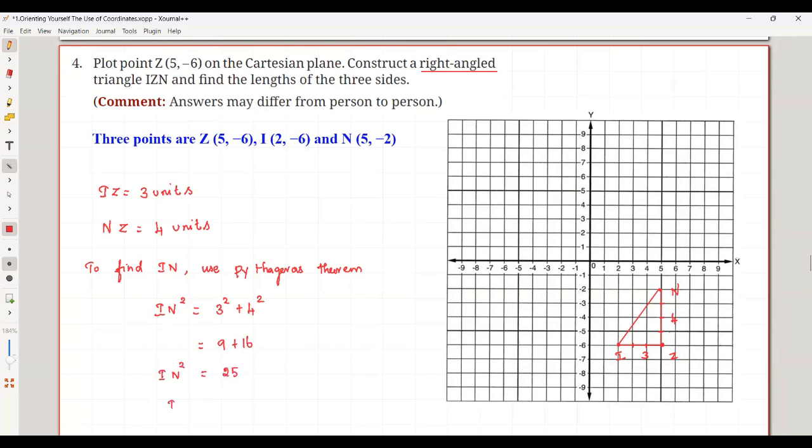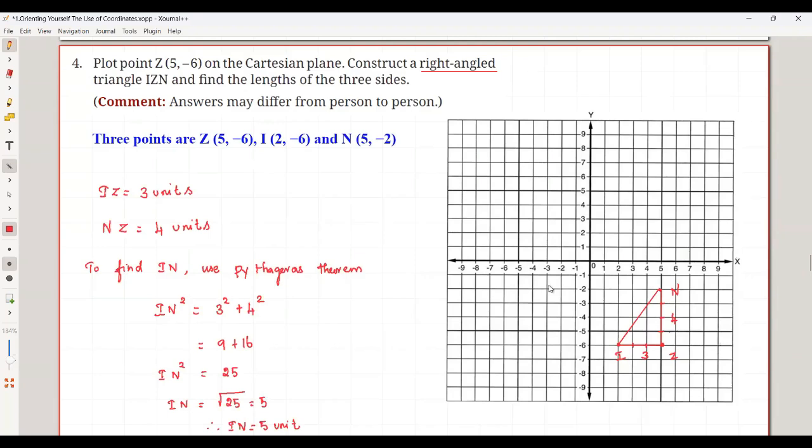Therefore, for IN alone, take the square root of 25. The square root of 25 is equal to 5. Therefore the length of IN is equal to 5 units. I have chosen this point so that we get the length of the side as a whole number.